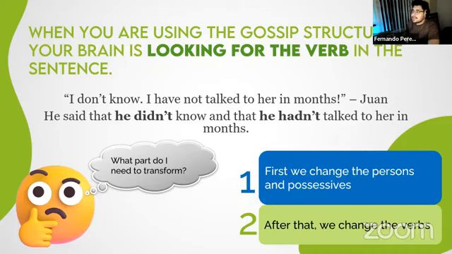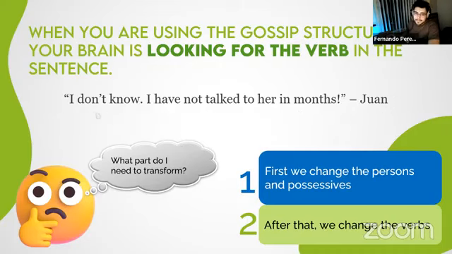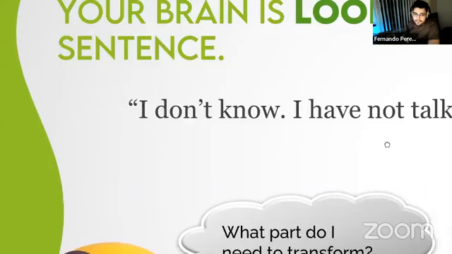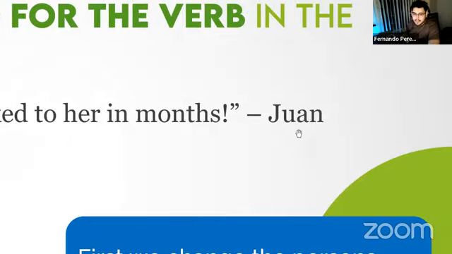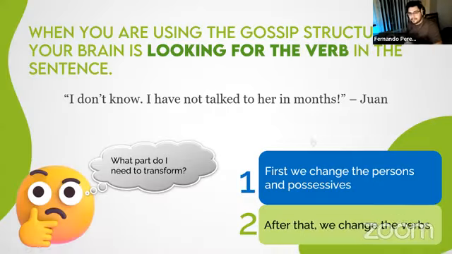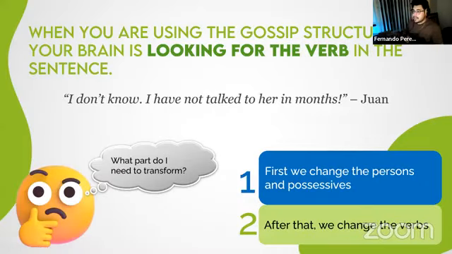So let's understand this sentence. I don't know. I have not talked to her in months. This specific structure is a literal speech for Juan.